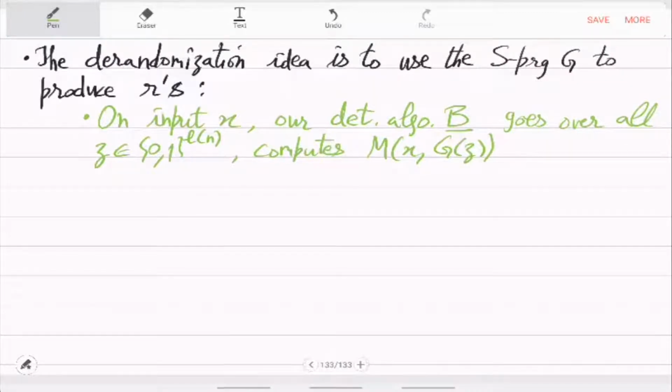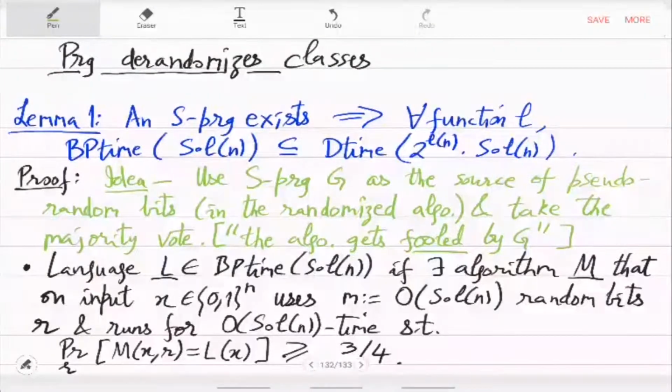So, remember G(Z) will be stretching L bits to M bits. M we have defined as S(L).